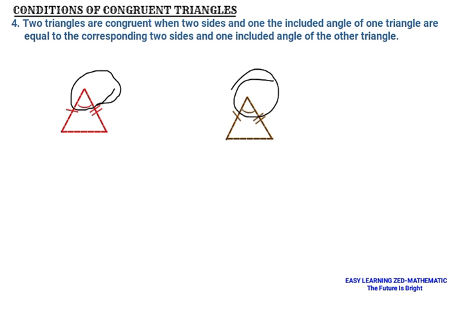So in short, we are saying these two triangles have got corresponding angles which are equal, as well as two corresponding sides which are equal. So these two triangles are congruent. So basically this is how you can identify congruence using angles and sides.